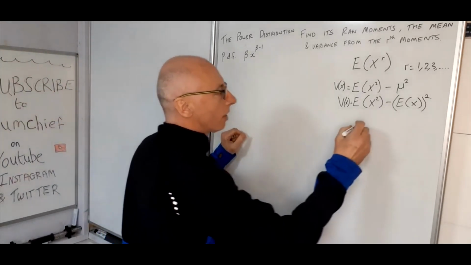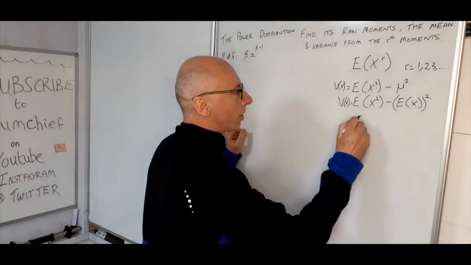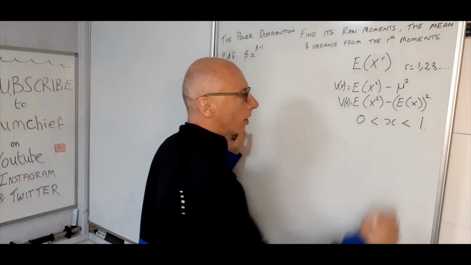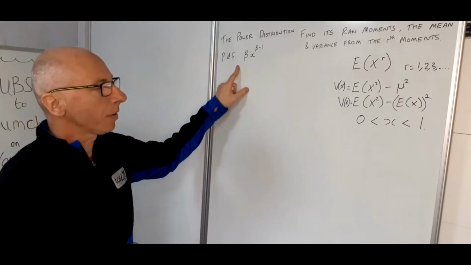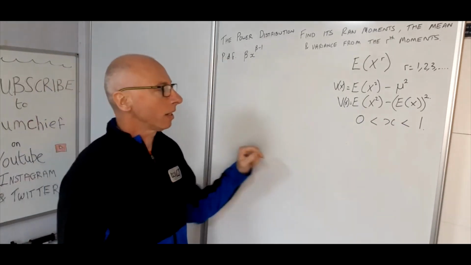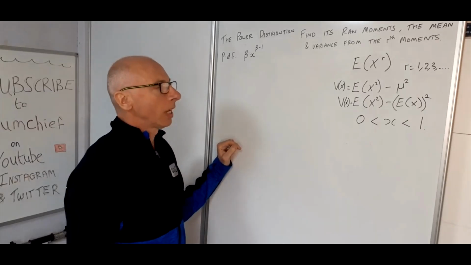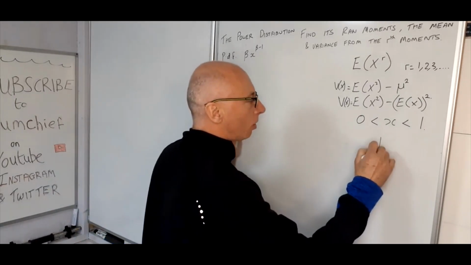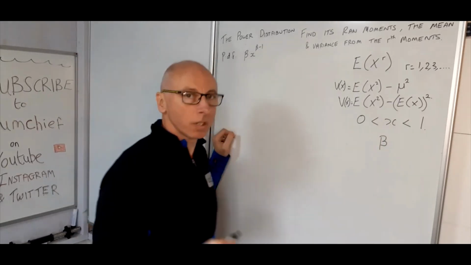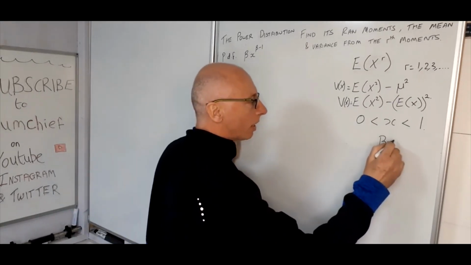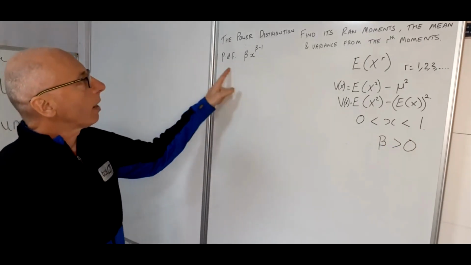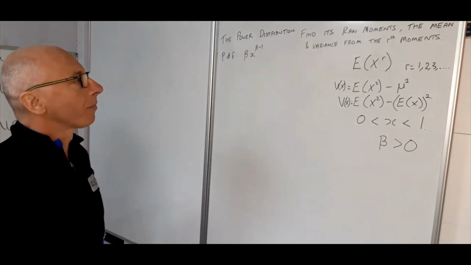So our x is between 0 and 1, so we write that for our support of this PDF. That's where our x lies. And beta is a positive number, not necessarily a whole number, greater than 0. So that's how we do our power distribution.